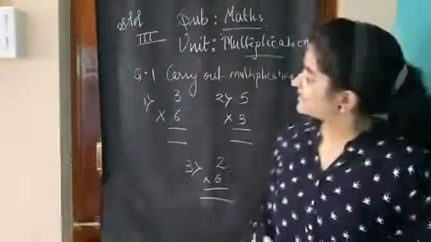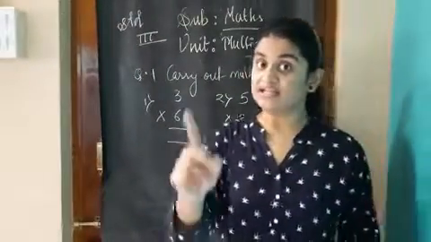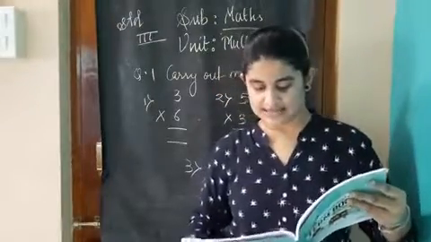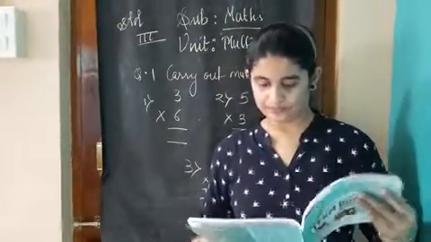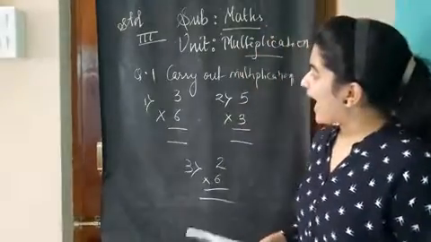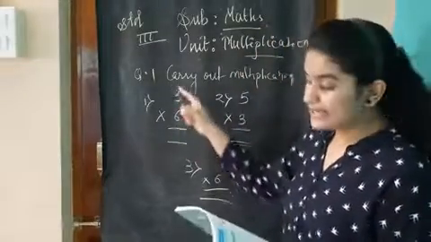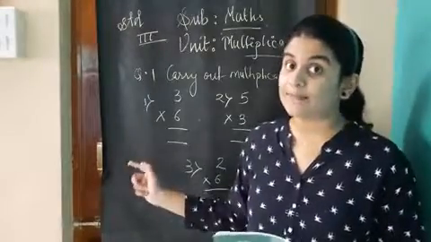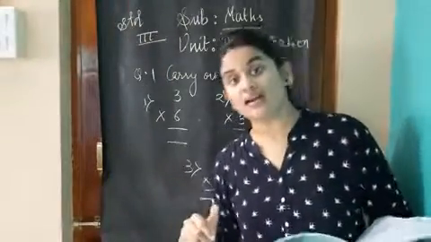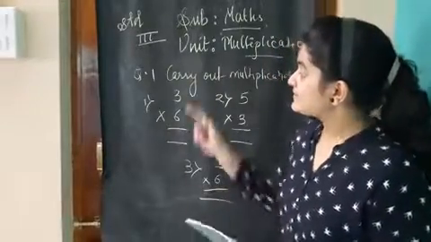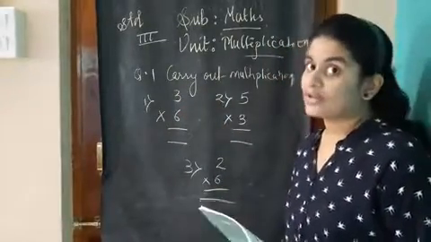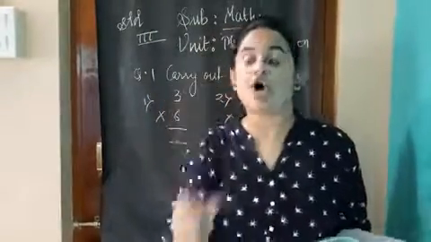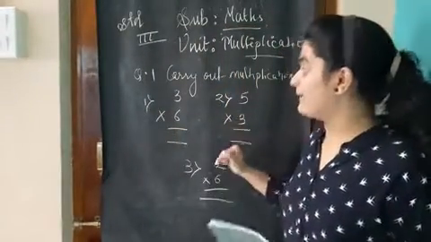Yes students, so I have written 3 tables, right? I have arranged these tables in vertical order, that is, in a standing line. Okay? So now tell me one by one the answer of all the 3 tables.